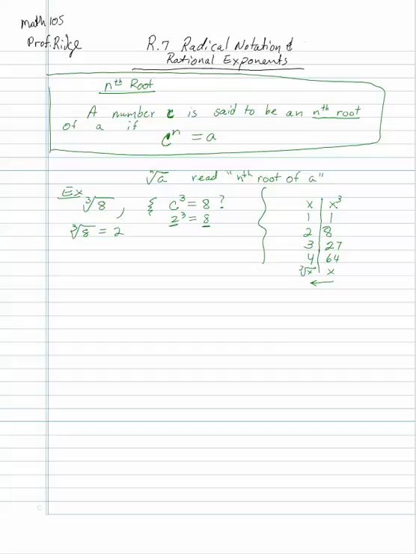The cube root of 27 would be 3. The cube root of 125 would be 5.